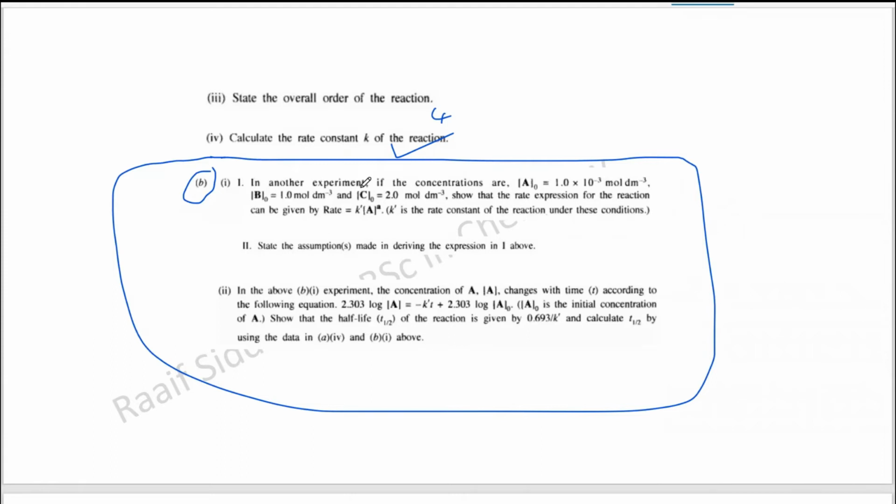So in another experiment, if the concentration of A naught is used as 10 to the power minus 3, B is used as 1 M, and C is used as 2 M, show that the rate expression of the reaction can be given as rate is equal to k dash times [A] to the power a. I will anyway use the board here for the explanation.